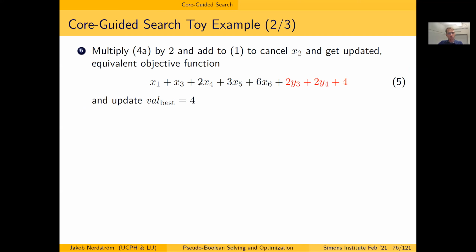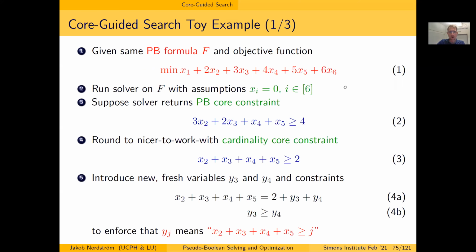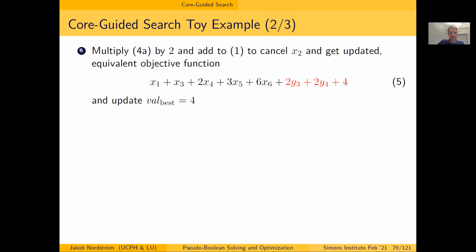And note that in this new objective function 5, I have picked up a constant term 4, which indeed tells me what I learned from this cardinality core, namely that it is not possible to achieve 0 for this objective function. So far, I know that the best possible value is 4. Maybe 4 isn't achievable either, but you can't do better than 4.